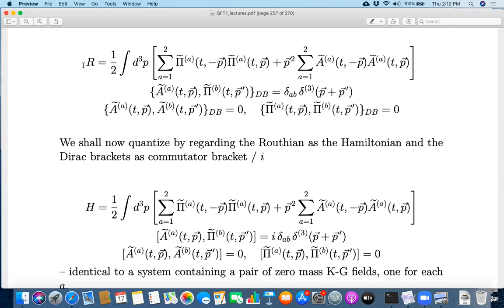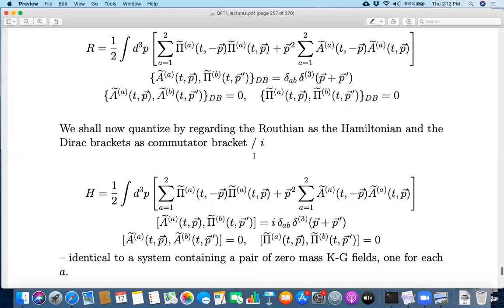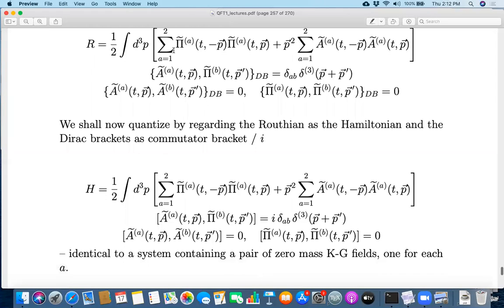We are going to quantize this by simply regarding the Routhian as the Hamiltonian and the Dirac brackets as the commutator bracket divided by i. That's the standard procedure for quantizing a classical system. This is just a rewriting of this equation.